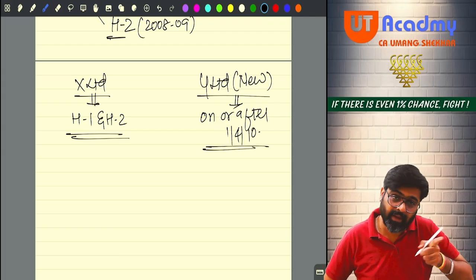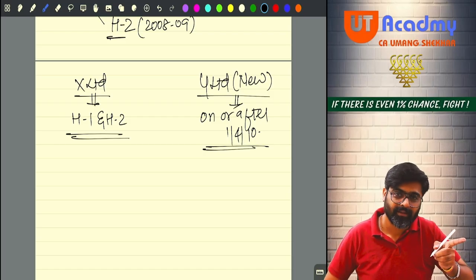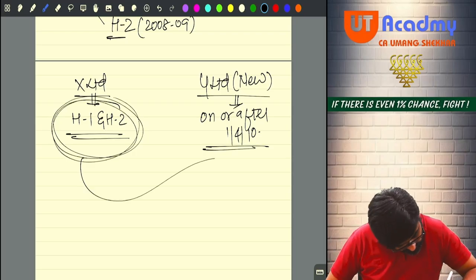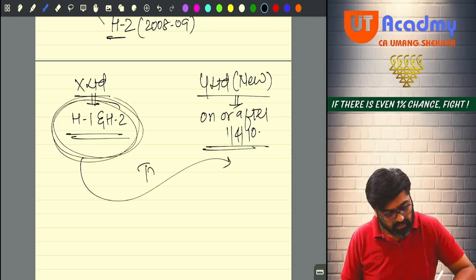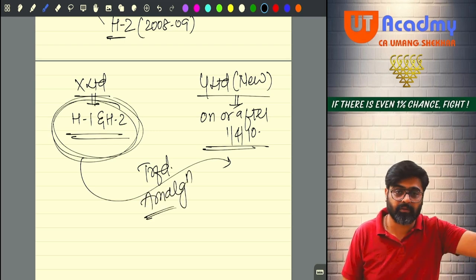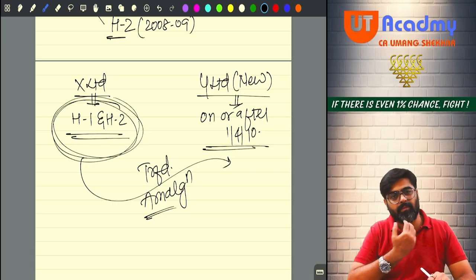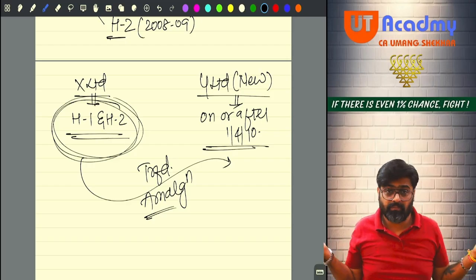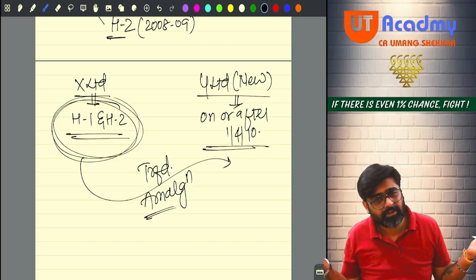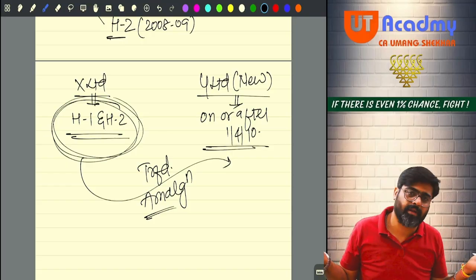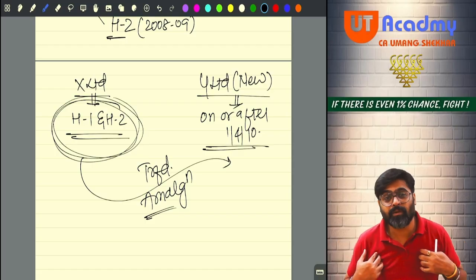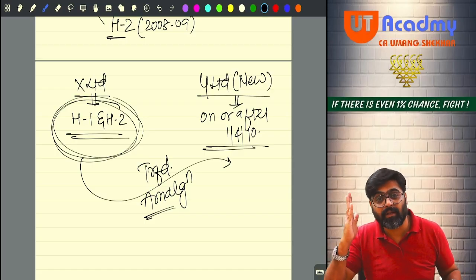Now the entire hotel business is transferred by way of amalgamation into this new company. X Limited got amalgamated with Y Limited. Now Y Limited will say, a new company started on or after 1st April 2010, doing a hotel business of 2-star or more, is eligible to get 35AD.